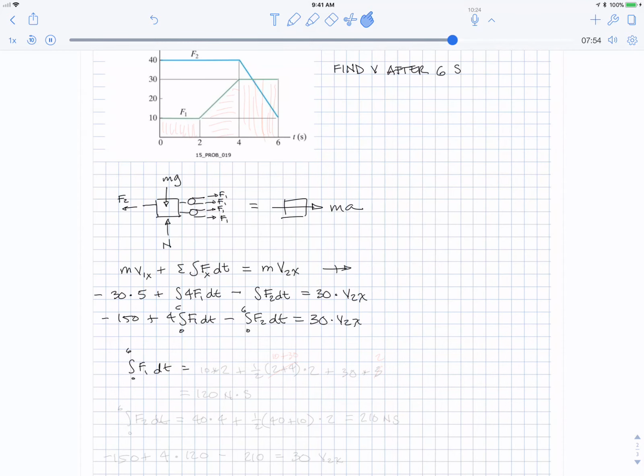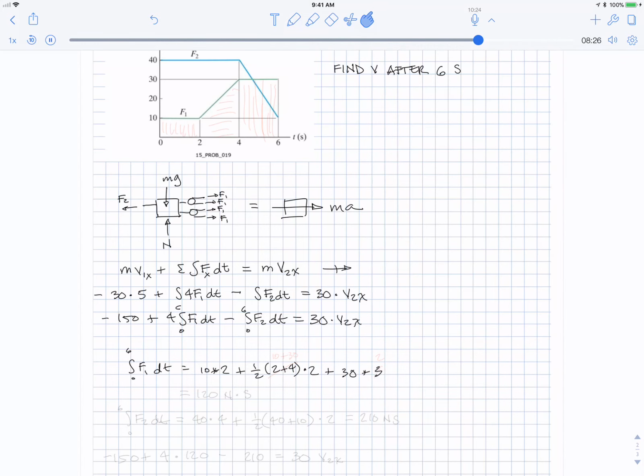So the area under the f1 curve, there's this small triangle of 10, the small rectangle of 10 times 2, and then there's a trapezoid I see of average height of 2 plus 4 and a width of 2. And then there's the rectangle on the end of 30 times 3. Oops.